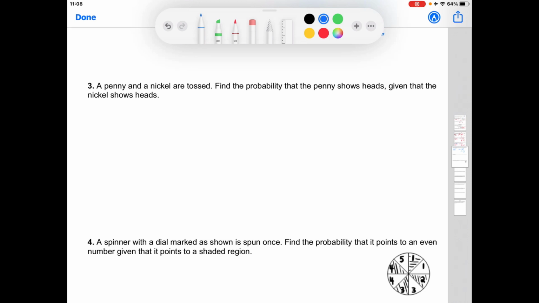Find the probability that a penny shows heads given nickel shows heads, right? So it'll be the probability of penny heads and nickel heads over the probability of the given, nickel heads.